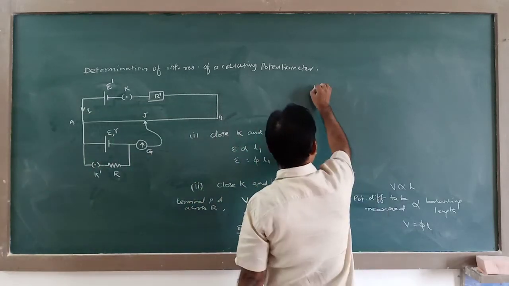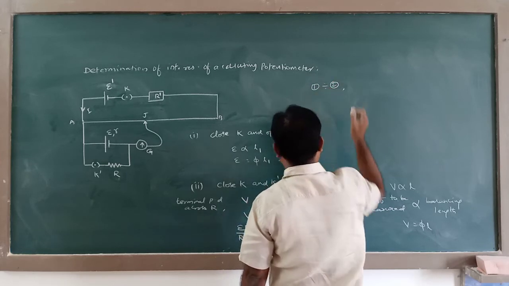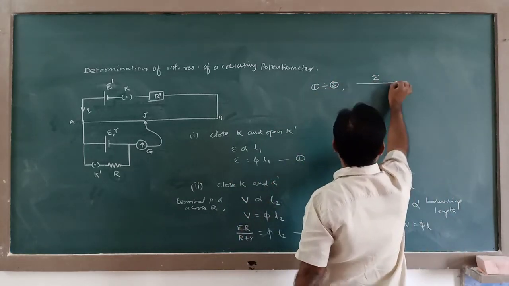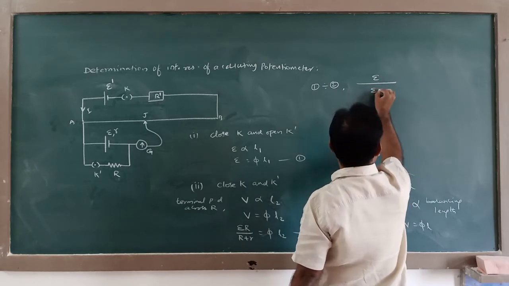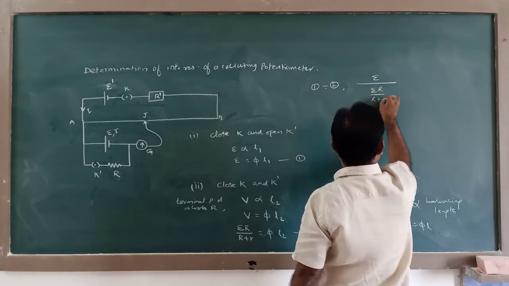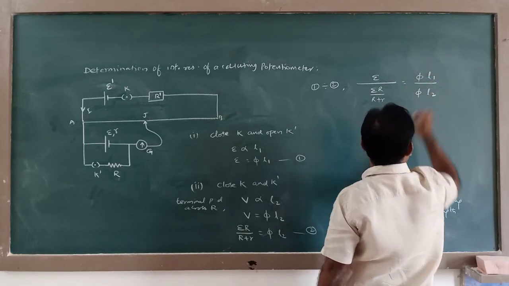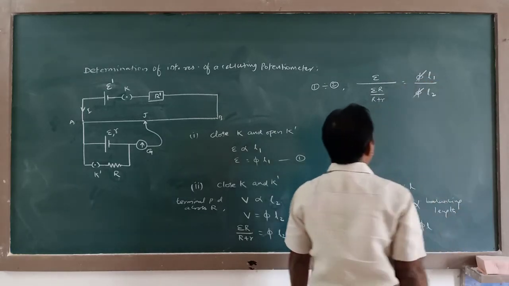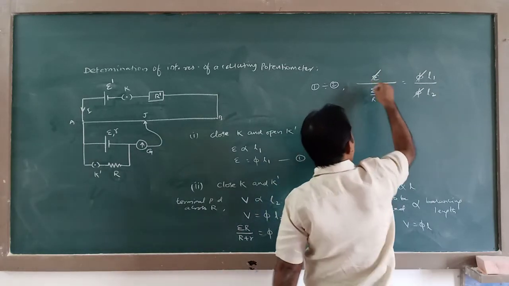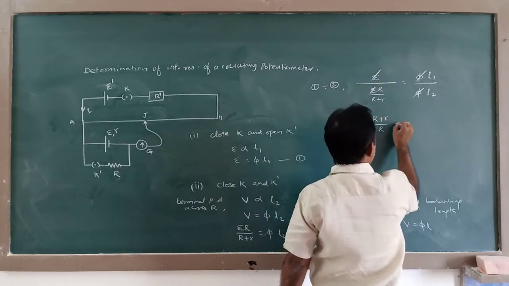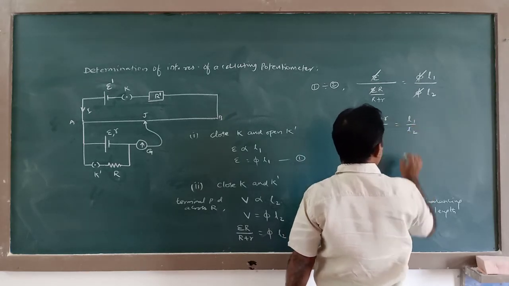Now I divide equation 1 by 2. So E divided by ER by R plus r is equal to phi L1 divided by phi L2. This E and E cancel, and phi and phi cancel. So R plus r divided by R is equal to L1 by L2.